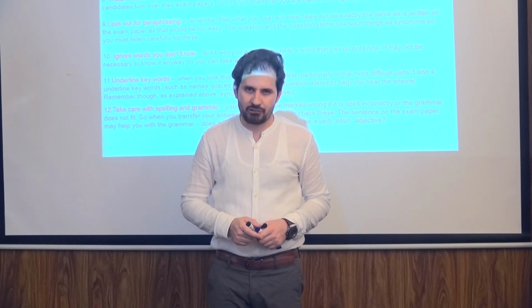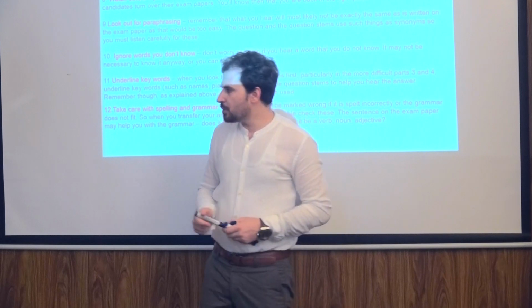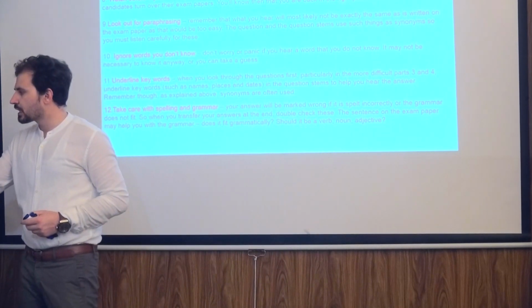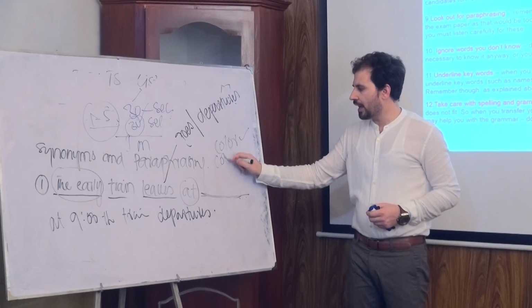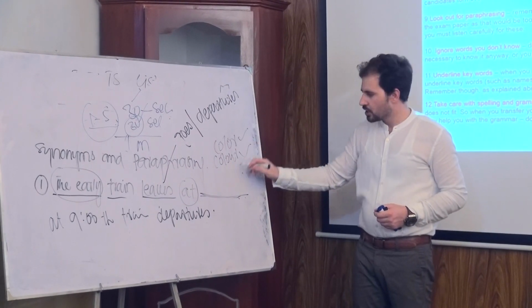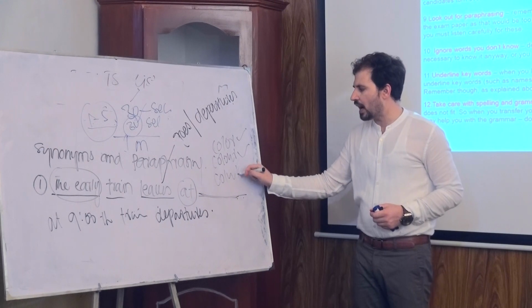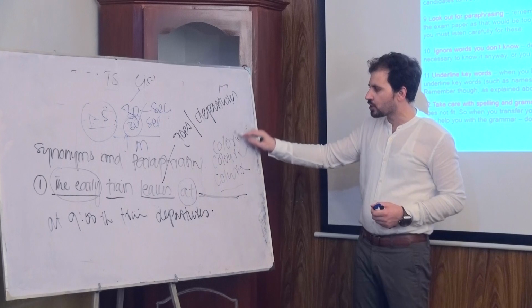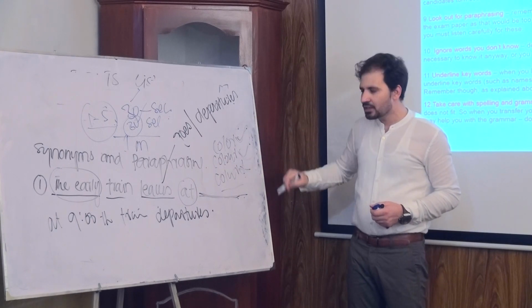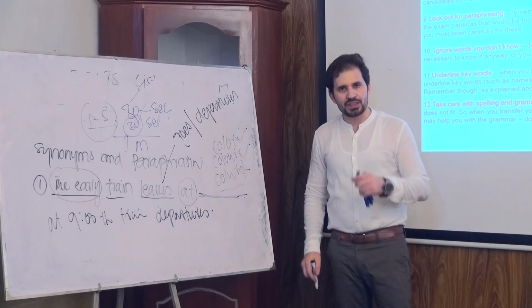Your answer would be incorrect. For example, we have color, C-O-L-O-R, which is American, and C-O-L-O-U-R, which is British. But if you write C-O-L-U-R, this is neither American nor British. If you write this one or this one, both are correct, but if you write this one, it is incorrect. So be careful with this.